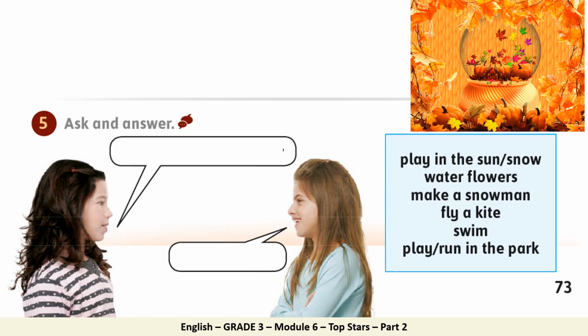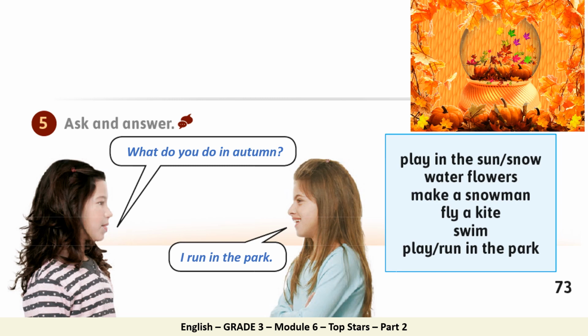Let's move on to a new season. Look at the picture. Which season is this? Correct. It's autumn. Can you tell me, what do you do in autumn? I run in the park. Good job. It's a correct answer.